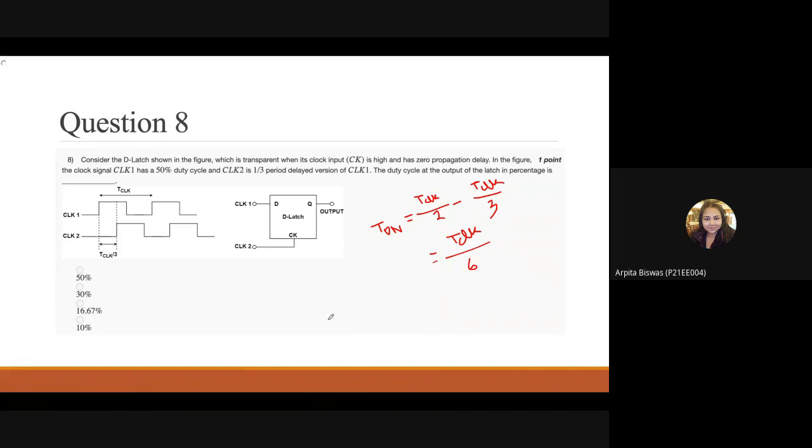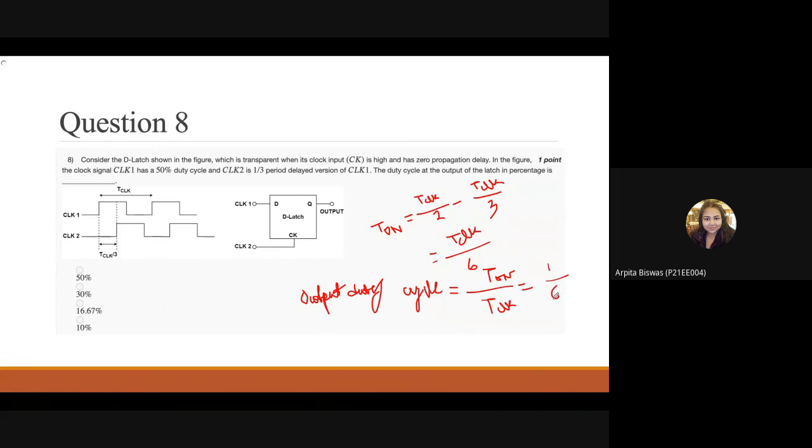Then output duty cycle is T1 by TCLK, equal to 1 by 6.